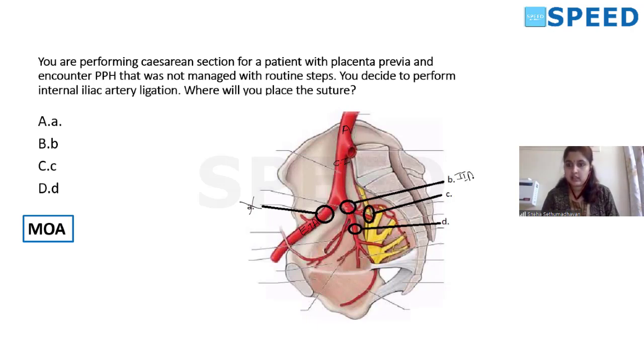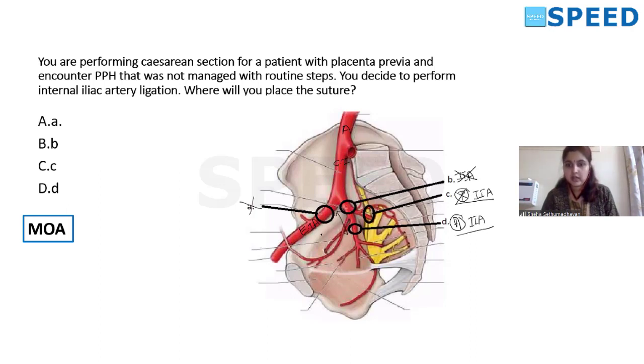This part B will be the internal iliac artery before it separates into the anterior and posterior branches. So if you ligate here, it will occlude the posterior branch as well and cause ischemia of the lower limb. So again, this is not where you would like to place the suture. Now this option C will be the posterior branch of the internal iliac artery. This is not a vessel that supplies the uterus. So again, this is not an option. Option D will be the anterior branch of the internal iliac artery, and yes, this is where you place the suture.